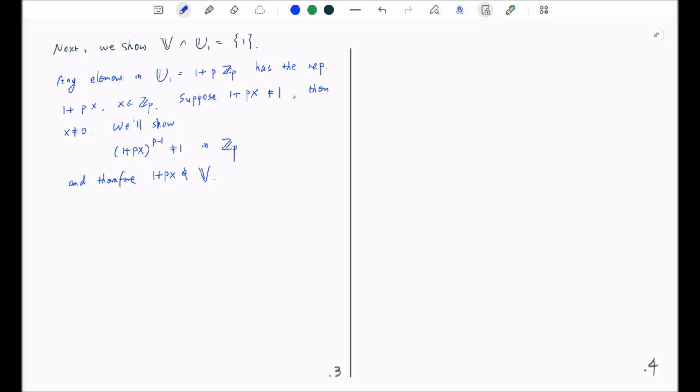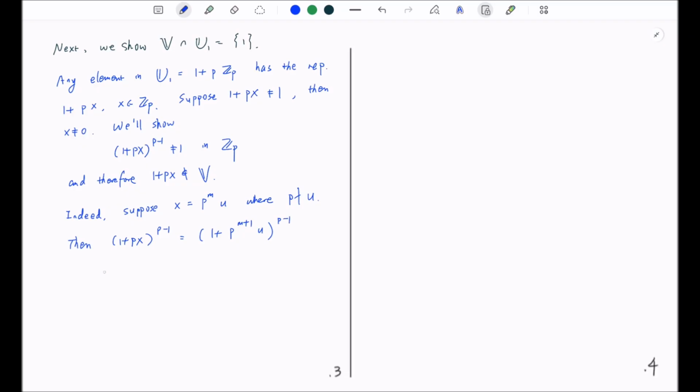How do we show this? Suppose x is equal to p raised to the power m times u, where p does not divide u. Then (1 plus px) raised to the power p minus 1 is equal to (1 plus p raised to the power m plus 1 times u) raised to the power p minus 1.